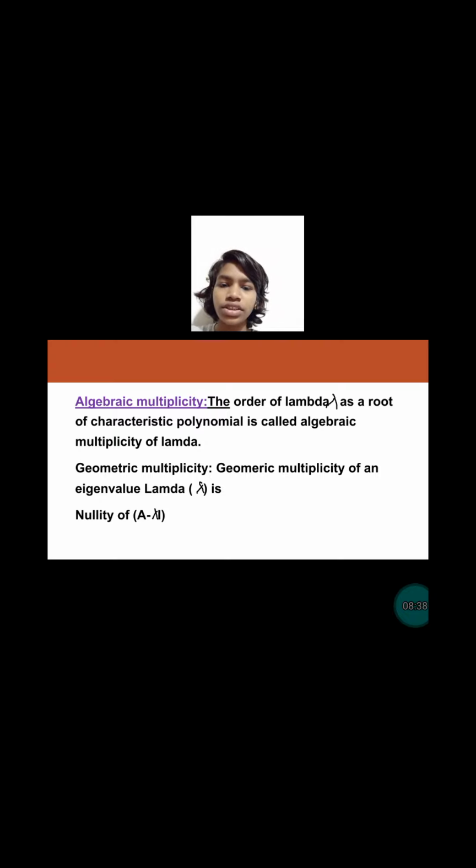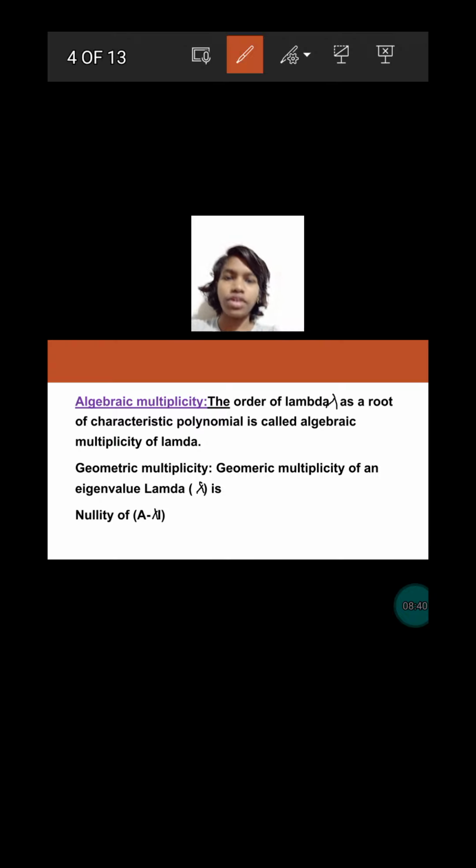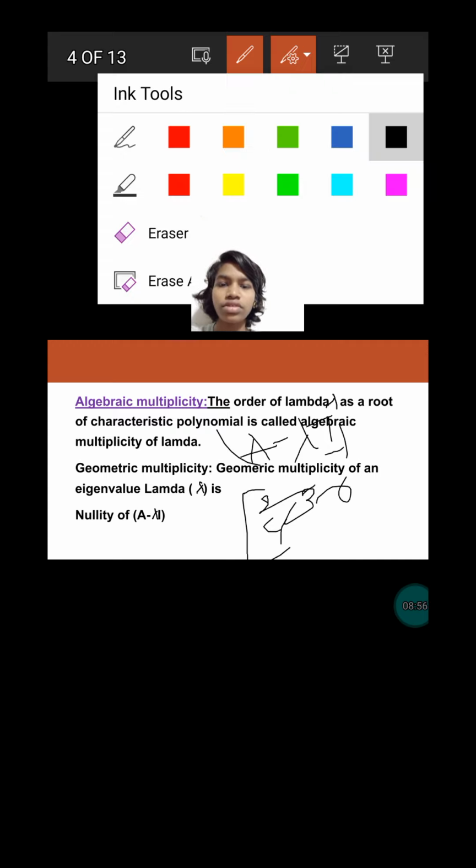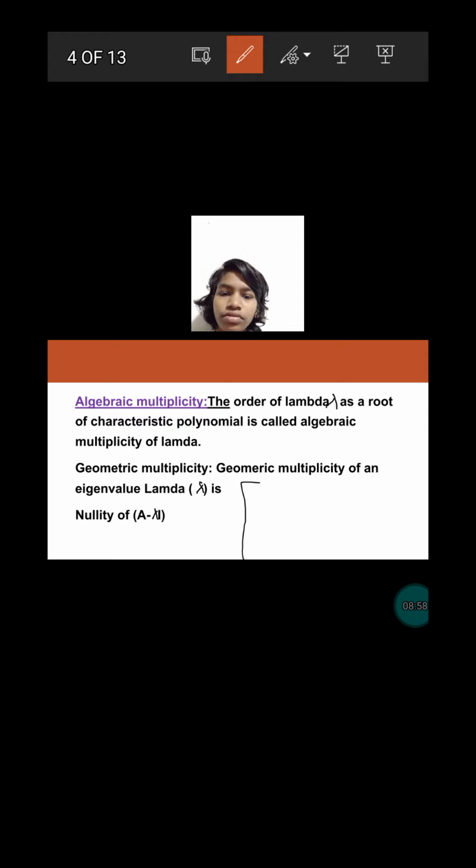We know that the characteristic equation is A minus lambda I equals 0. Let us consider a matrix 2 3 0, 4.